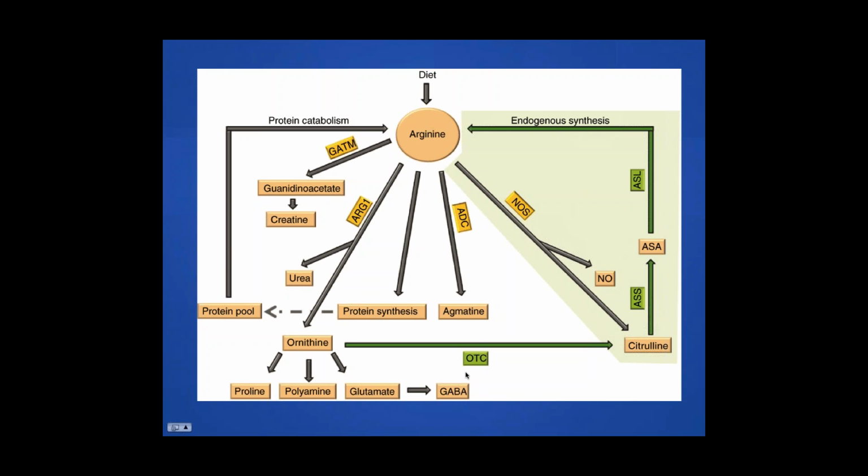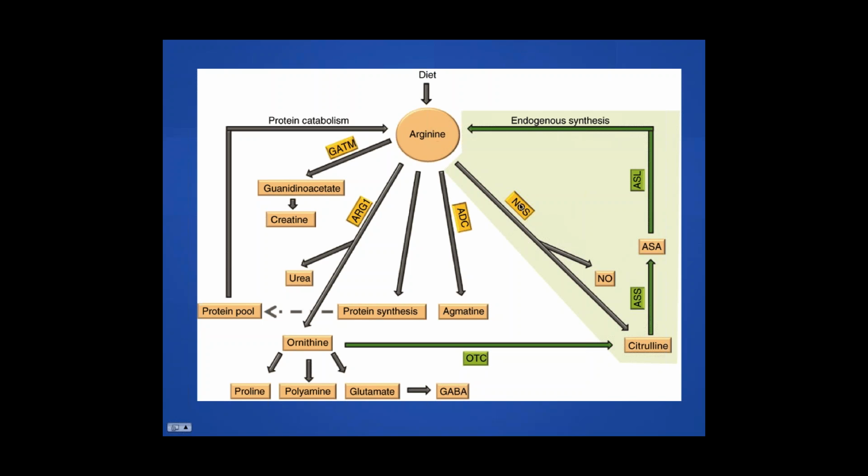You can also have defects in the OTC gene, which will prohibit ornithine being made back into citrulline. So you can see there are several areas where you can have genetic variants that can block this pathway anywhere along the road here. But this one tends to be a little more common than some of the others. And if you have that, then taking arginine is probably not a good idea, and you can see why.